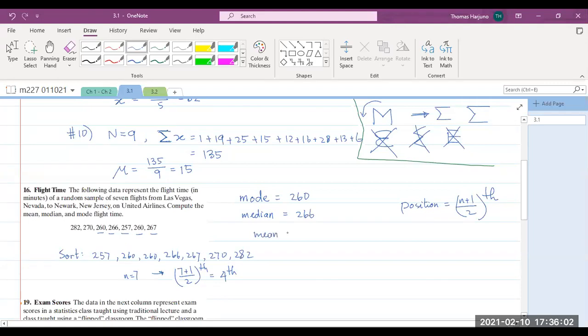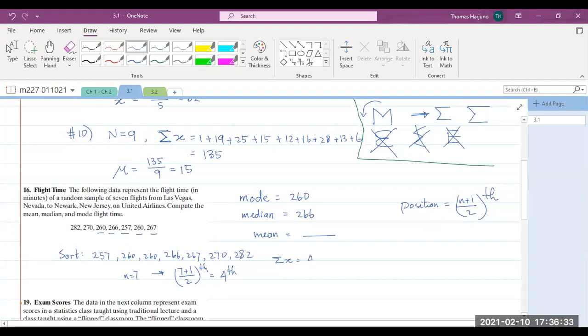Now, how about the mean? For us to compute the mean, you first need to find the sum of x. You add those: 282 plus 270 plus 260 plus 266 plus 257 plus 260 plus 267.